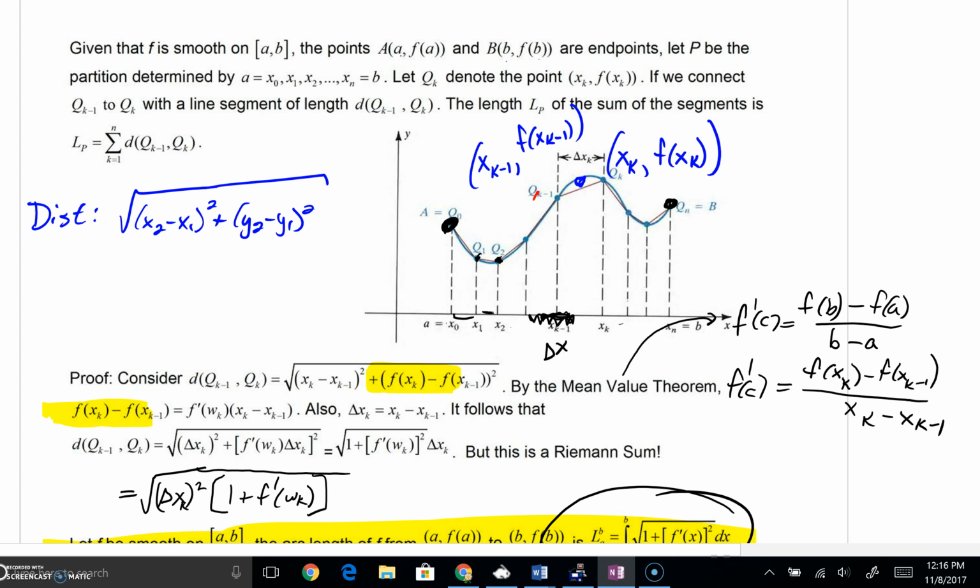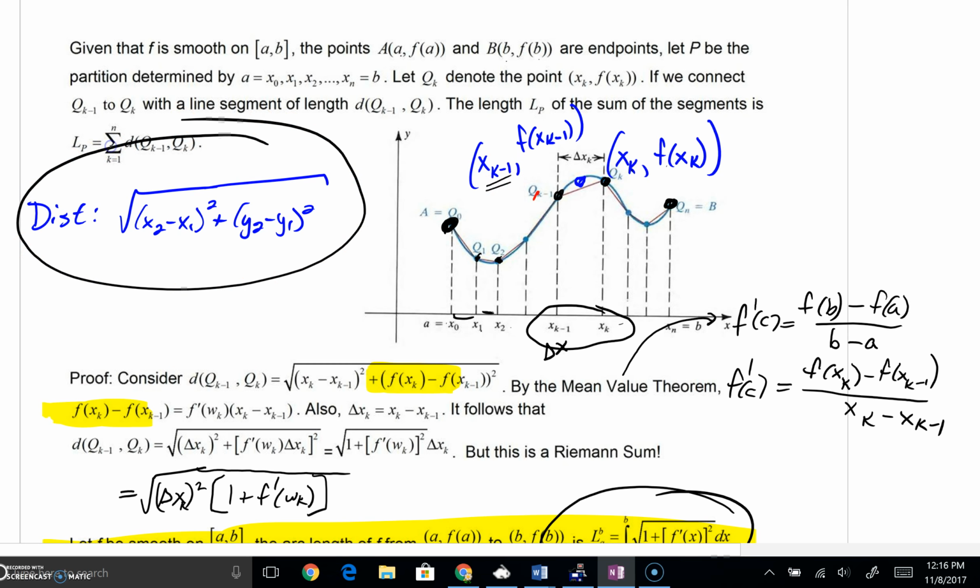Guys, here's what's really going on. Let's just say that we are looking at 2 general points on that subinterval, from x sub k minus 1 to x sub k, and you can see that we'd have x sub k, f of x sub k, and we'd have x sub k minus 1 and f of x sub k minus 1 as well. We can go back to the distance formula.